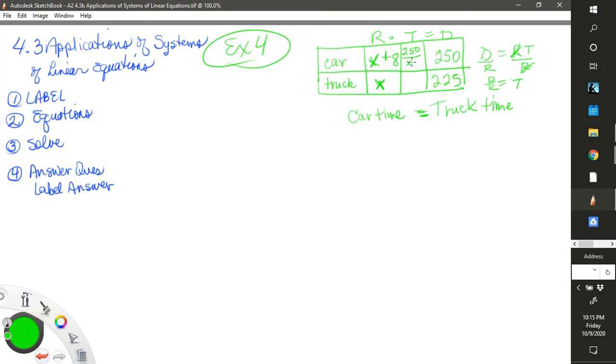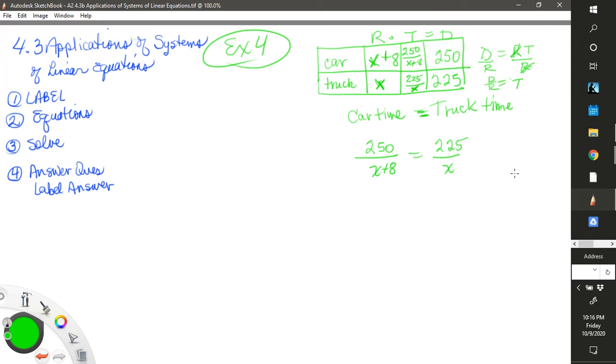My rate is x plus 8. My distance is 225. My rate is x. Okay. All right, that's good to know because now my car time is going to equal my truck time. So my car time is 250 over x plus 8. And my truck time is 225 over x.